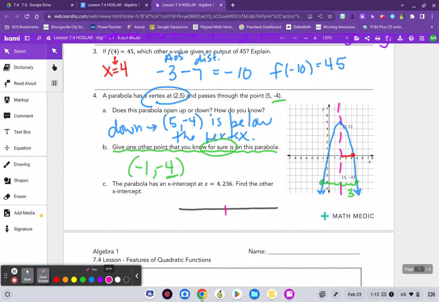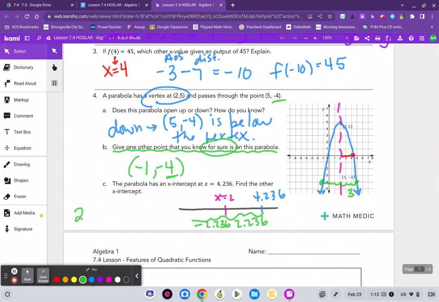On that number line, the axis of symmetry is at x equals 2. And I'm going to drop my x-intercept, which is at 4.236. Now it's easier to say that if I add 2.236 to that axis of symmetry, I would get 4.236. These are 2.236 units apart from each other. So on the other side, I need to take away 2.236.